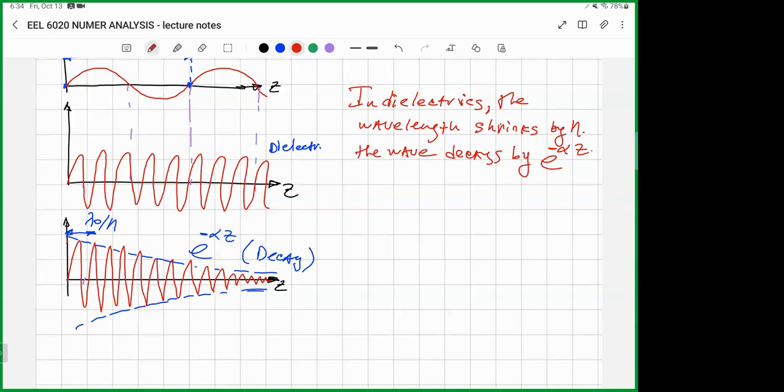And I just remind you that alpha is actually omega over c times kappa, and kappa is equal to the imaginary part of epsilon over 2n, twice the refractive index. So you see another nice point: the imaginary part of epsilon defines the dissipation of energy.